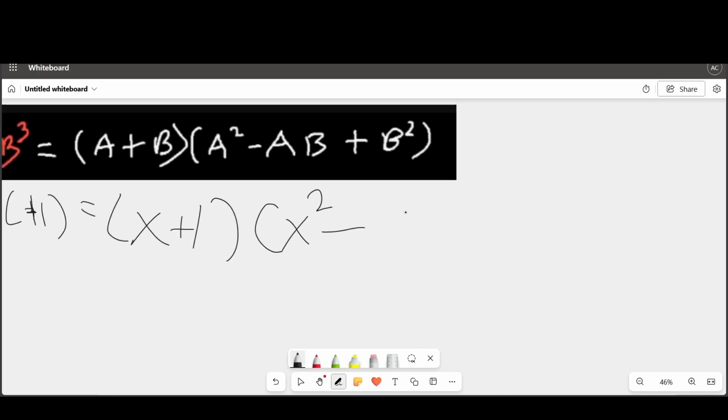So we have plus b squared, which is going to be 1 squared, so basically just 1.